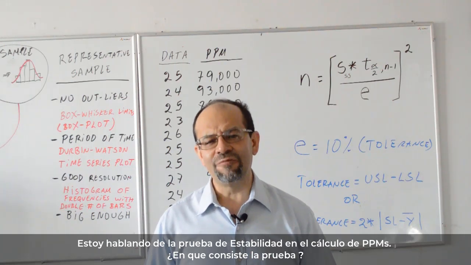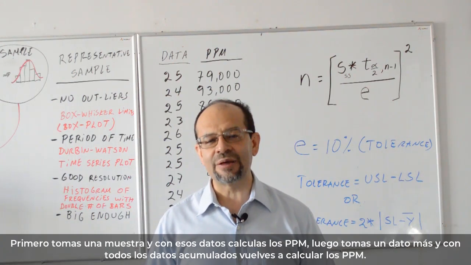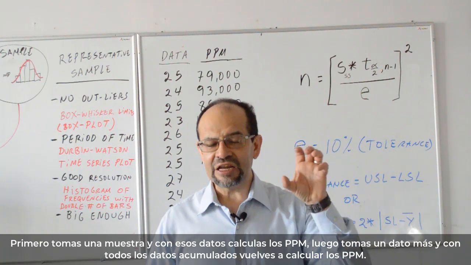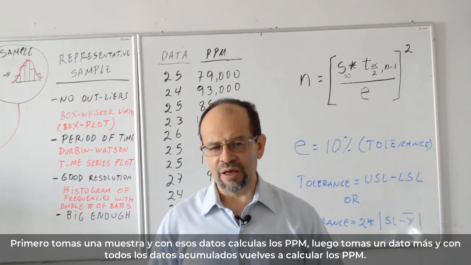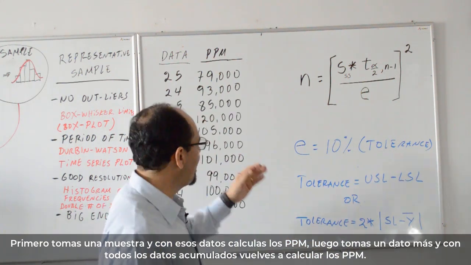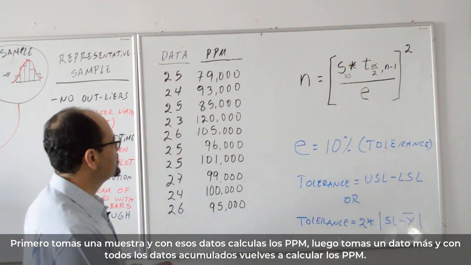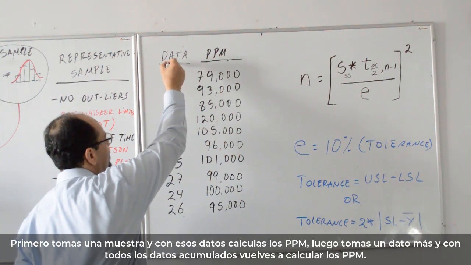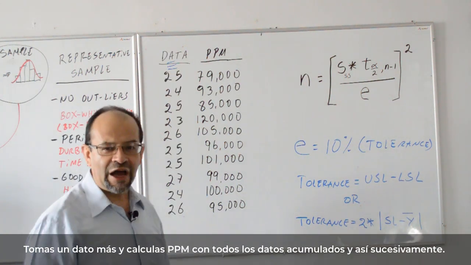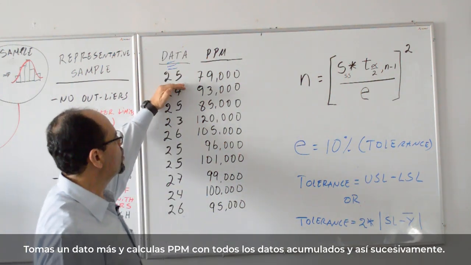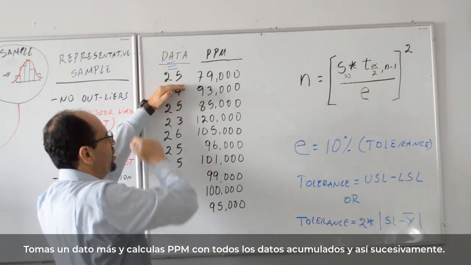What is the stability of ppms test? What is it about? Well, you are taking a sample and then you are having your data, and you will be calculating your ppms, assuming that here you are having more data, before you are having more data, and you are going to calculate the ppms with these values and all the rest.